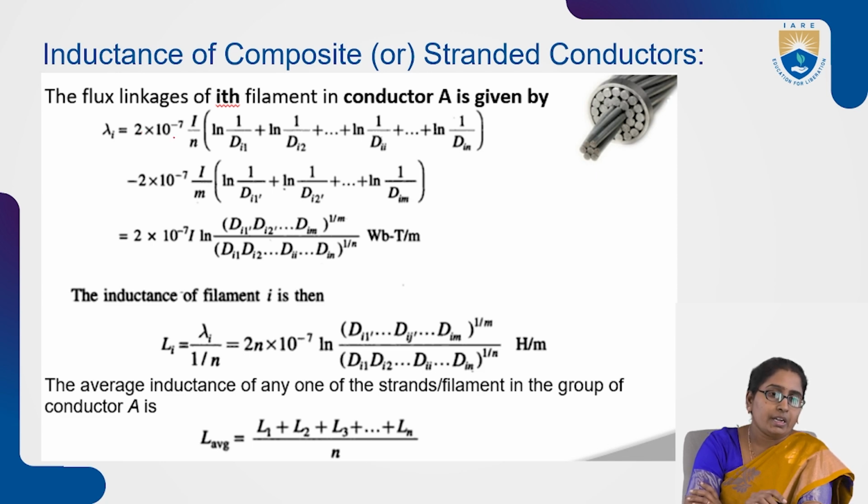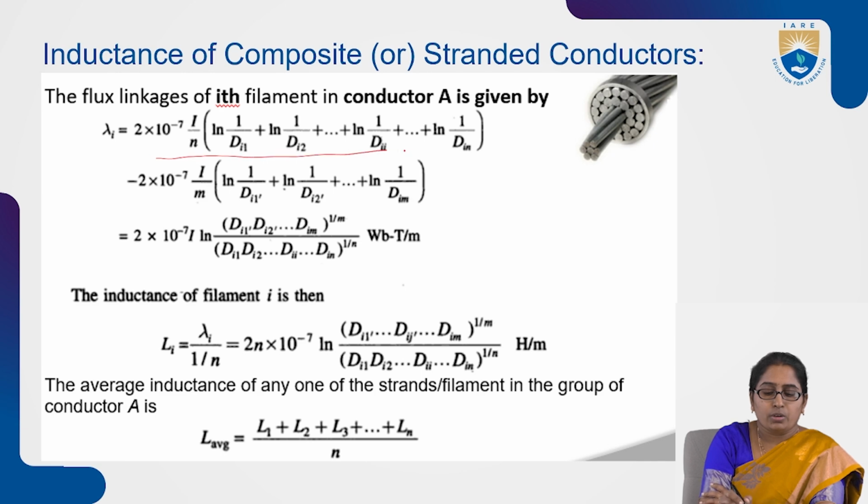We know that it consists of the currents in each element, each conductor, each filament. So correspondingly, first it is given for conductor A, all the conductor A filaments.